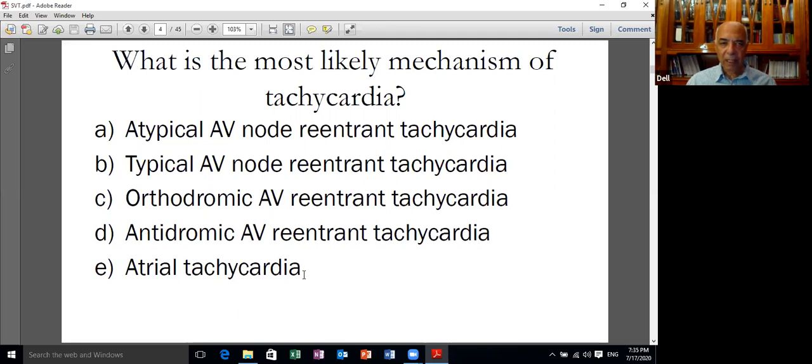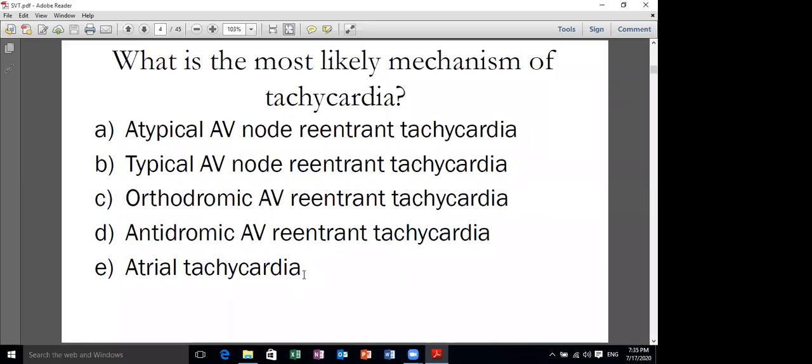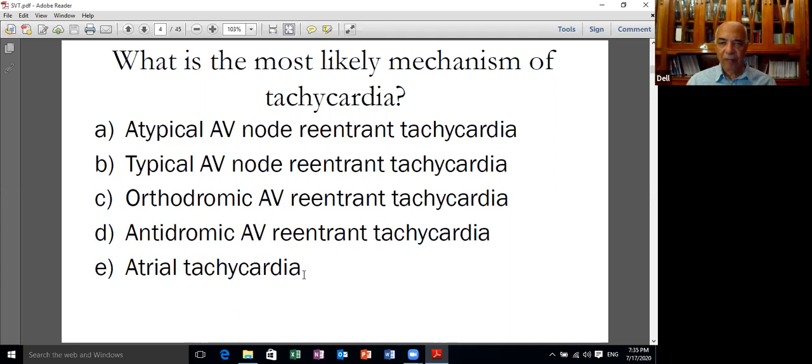Instead of conducting like normal in the fast pathway with a long refractory period, it conducts into the slow pathway, because a premature beat will find the fast pathway refractory, and then it goes back to the atrium, excites the atrium, and then down the fast pathway, which is now recovered.